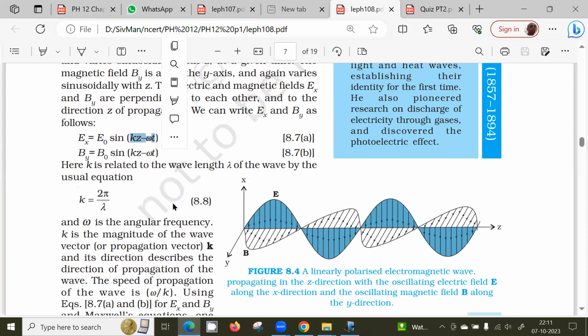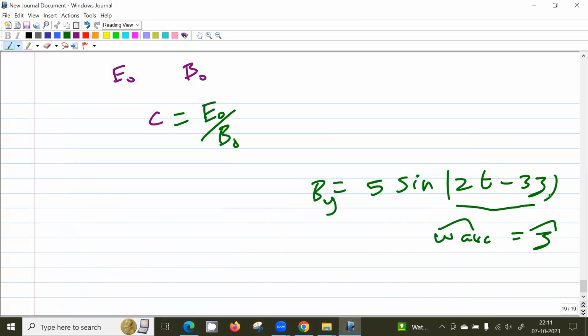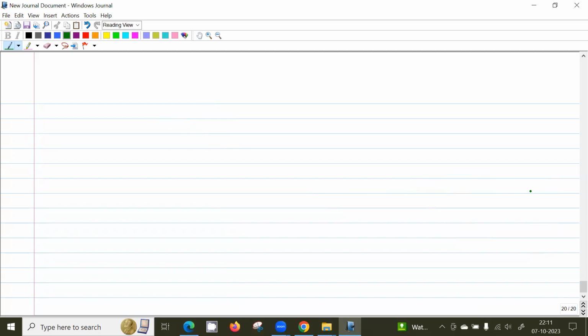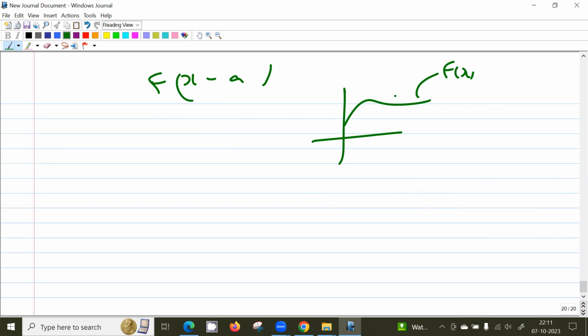This is a wave traveling in z direction, because as time increases, z will increase for the phase to remain constant. Once I have this variation, I told in the class itself, if you have a function f of x, then f of x minus a is f of x shifted towards right by a.